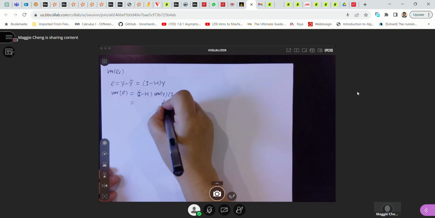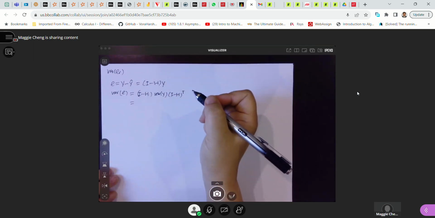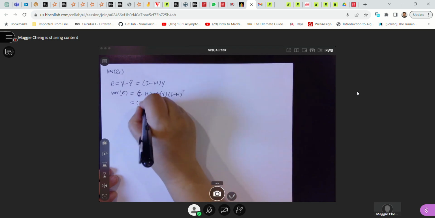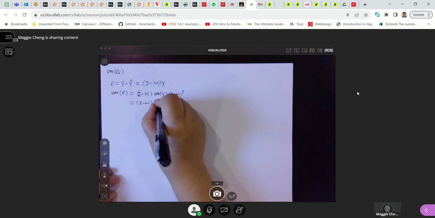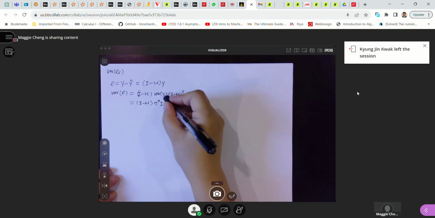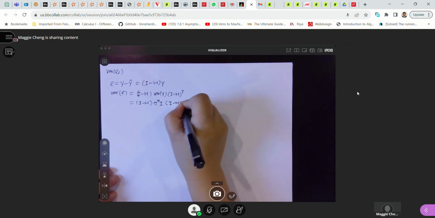Also it has an independence requirement. So basically it is just sigma squared times an identity matrix. I minus H, sigma squared times I, that's an identity matrix, and I minus H transpose.